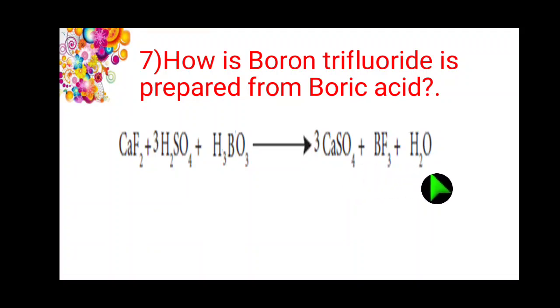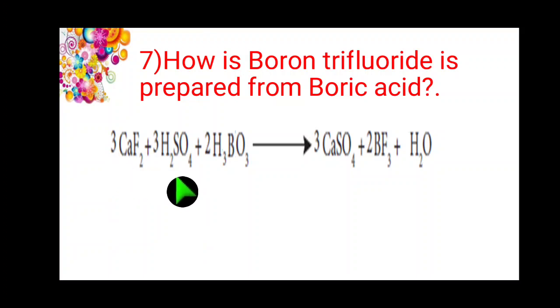So this equation is unbalanced, right? First we have to see the fluorine: on the right side, 3 fluorine in boron trifluoride, here 2 fluorine. First we balance the fluorine. Here write a 2, and in front of calcium fluoride write 3.